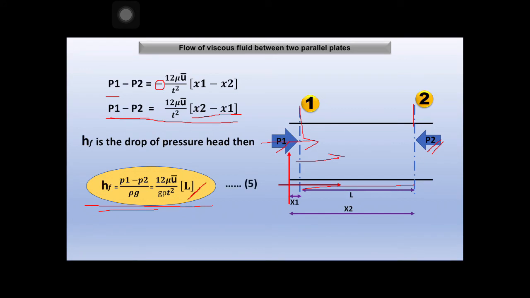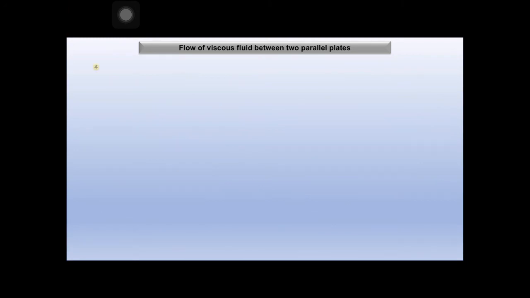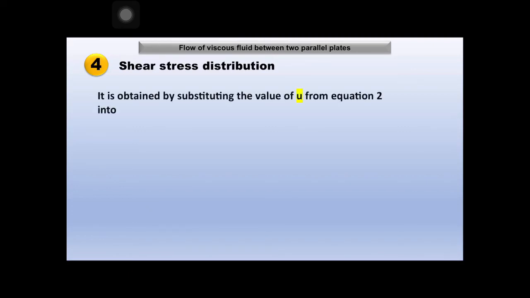Let us assume this equation as number 5. Then point number 4 about this analysis is the shear stress distribution. The shear stress distribution is obtained by substituting the value of u from equation number 2. Equation number 2 is the velocity distribution that we already know: u is equal to minus 1 by 2 mu into delta p by delta x into (ty minus y square).